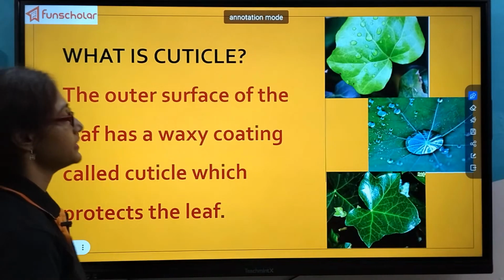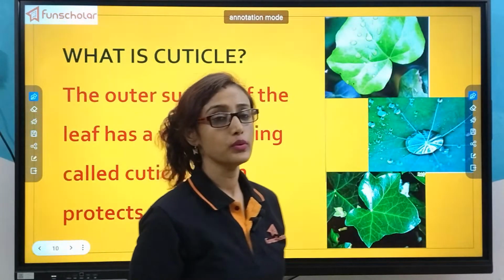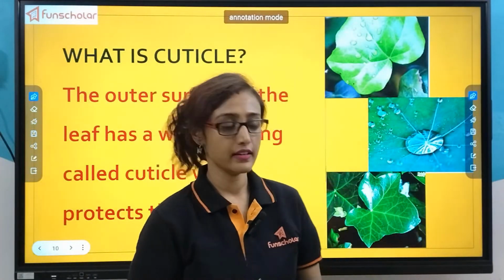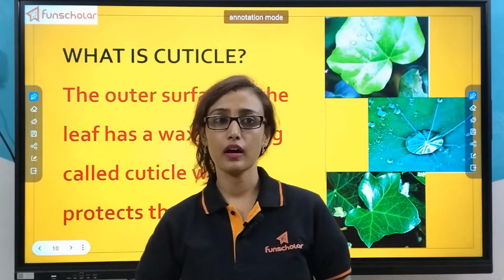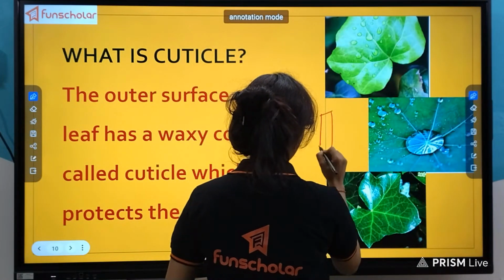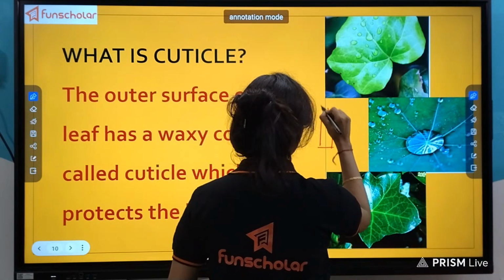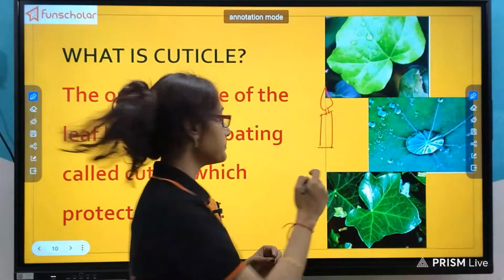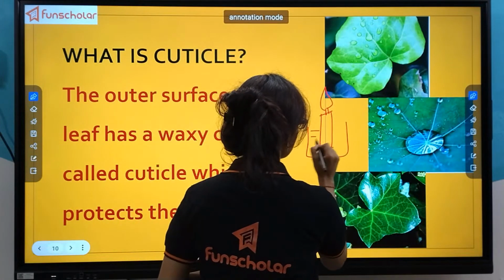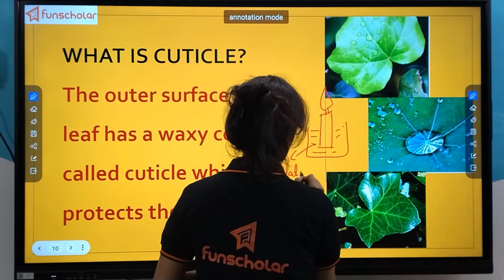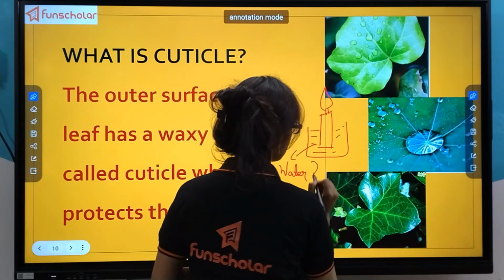Now, what is cuticle? Okay, cuticle is a waxy layering. Now, what is a waxy layering? You have seen a candle. This is a candle. If you touch it or if you dip this candle in water, what happens?